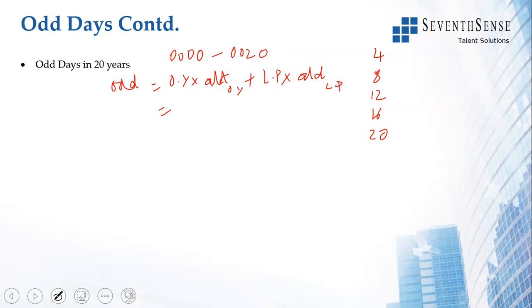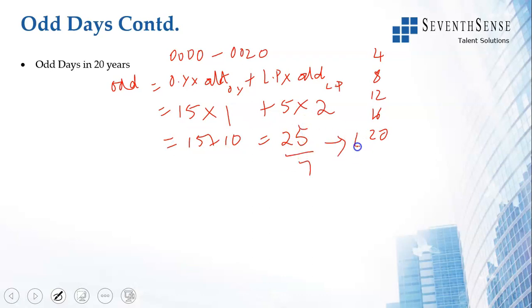We have 5 leap years into odd days of leap year, which is 2. How many ordinary years will you have? You will have 15. The number of odd days of an ordinary year is 1. So you do 15 plus 10, you get 25. 25 divided by 7 gives you a remainder of 4.